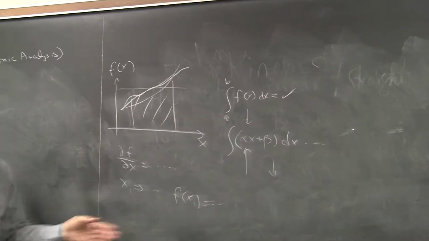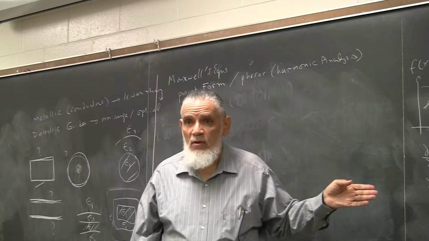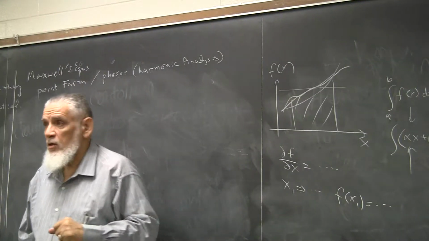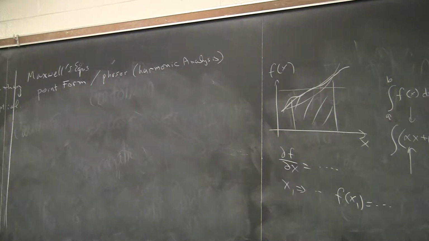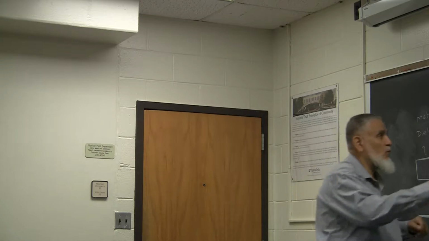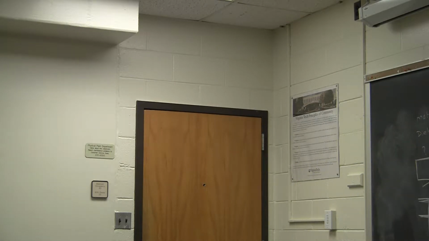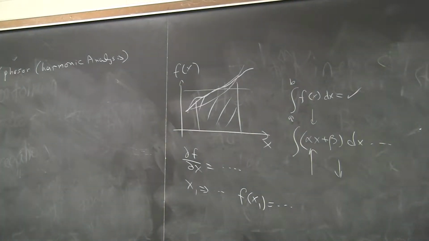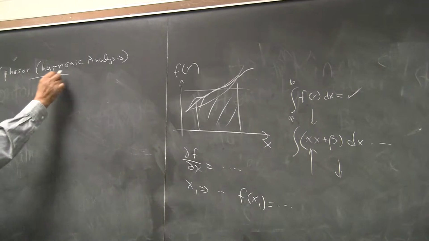Well, this one here is more robust, right? It just tells you that you can get your information through the integration of that or solution of that differential equation. That's why the point form is preferred. Right? This is again the point form, integral form. Phasor versus time domain.